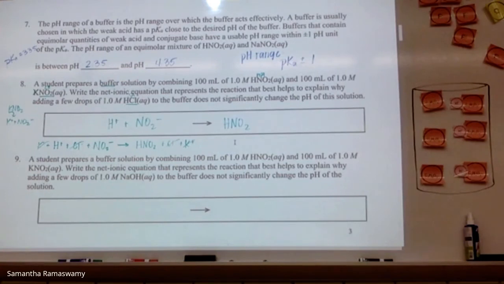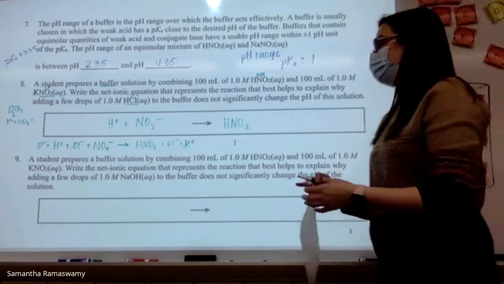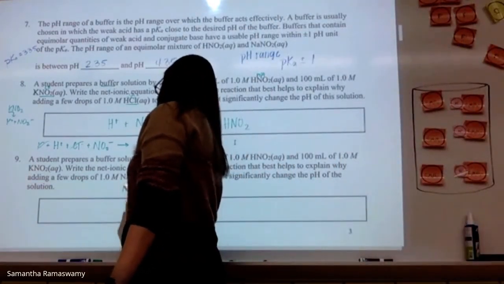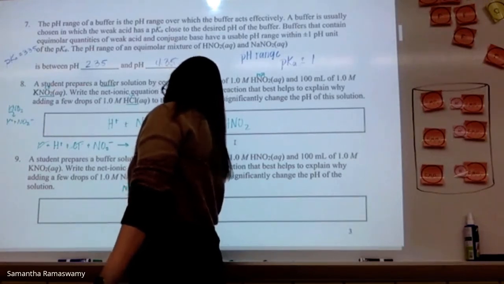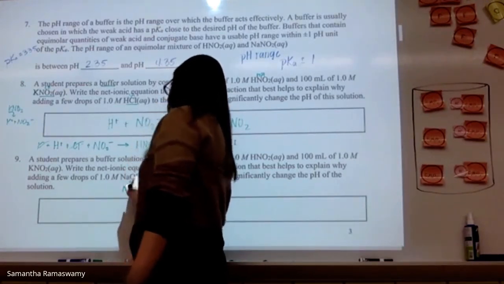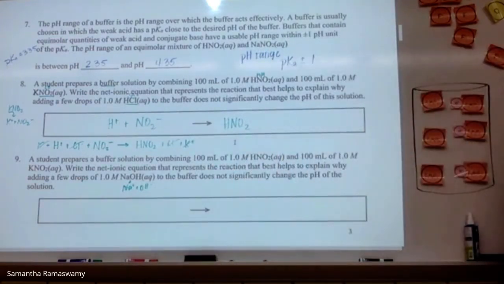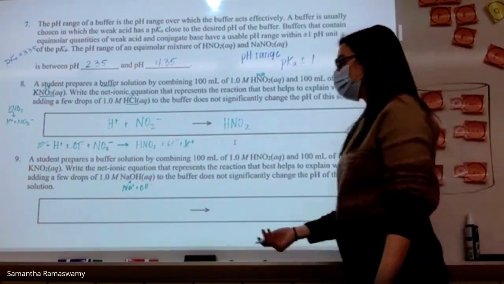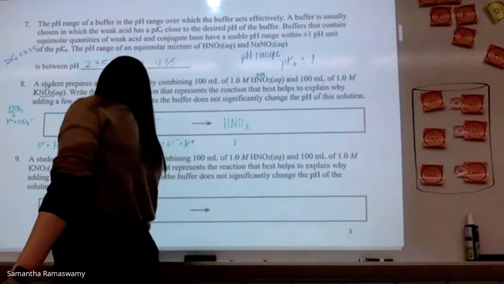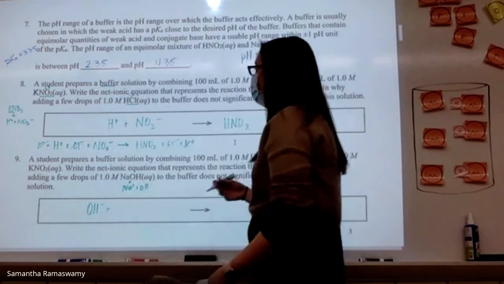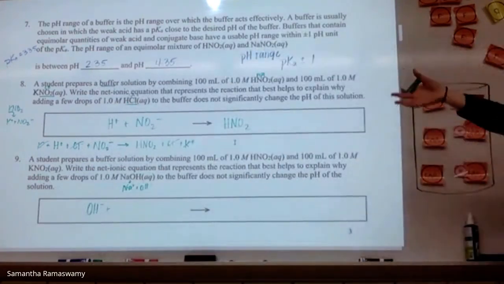So number 9 wants us to do the same thing, but it wants us to show what happens when NaOH is added. Well, NaOH is a strong base. That breaks up into Na plus and OH minus. We know from the work that we've done so far, Na plus is always a spectator ion. So we're going to have OH minus, because Na plus is a spectator, just like K plus is a spectator.